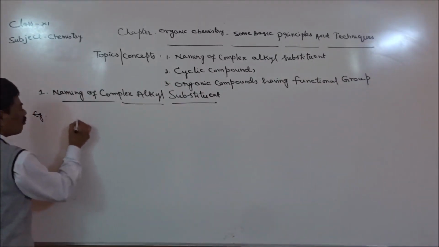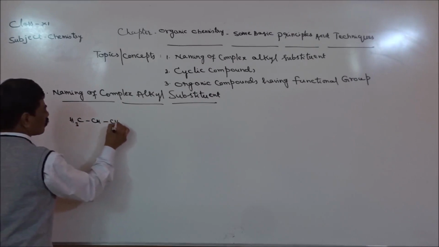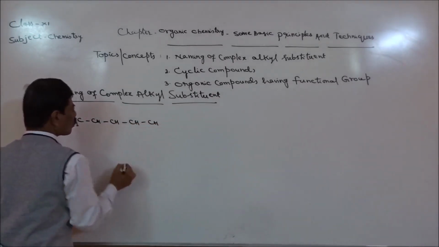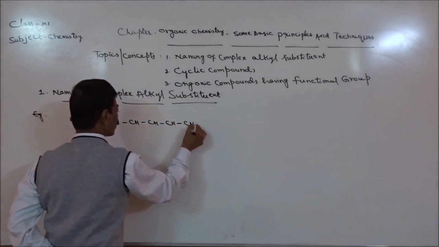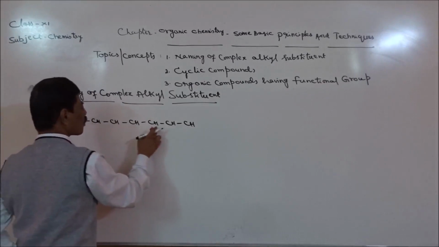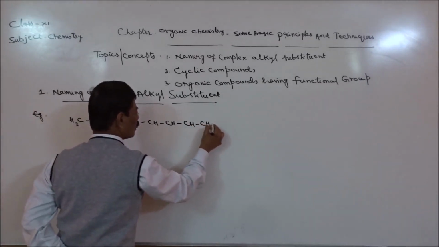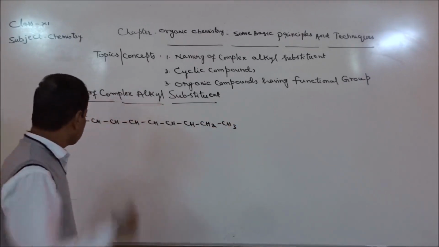wherein we have a hydrocarbon part of the long chain like this: 1, 2, 3, 4, 5, 6, 7, 8, 9. Right.